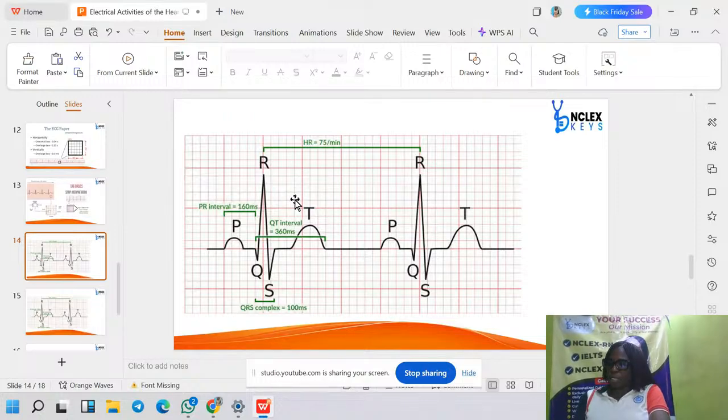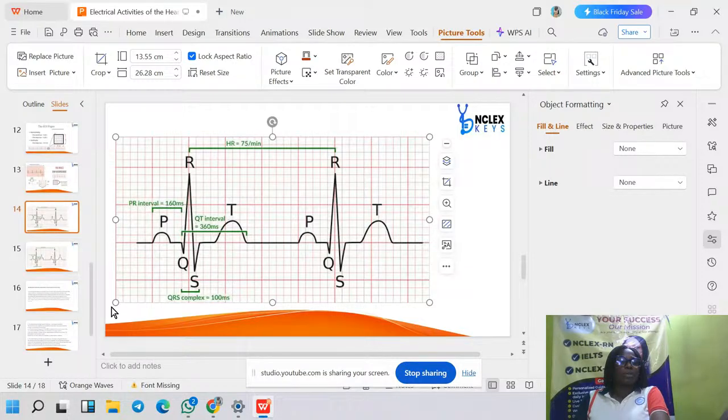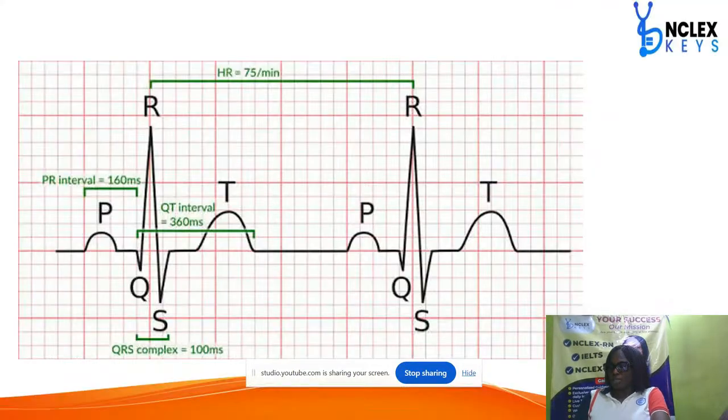For the big boxes method, in this strip, how many big boxes do you have here? I'm waiting for our responses. 4.